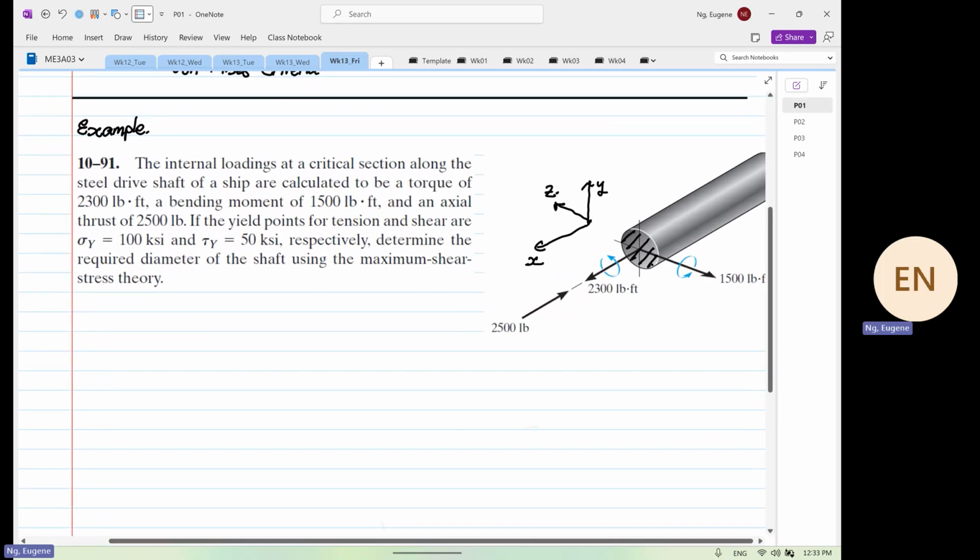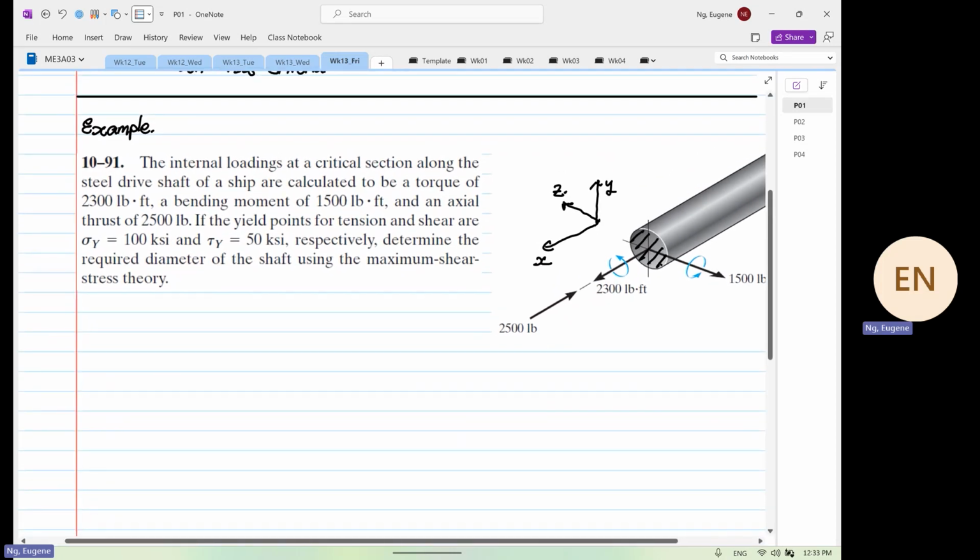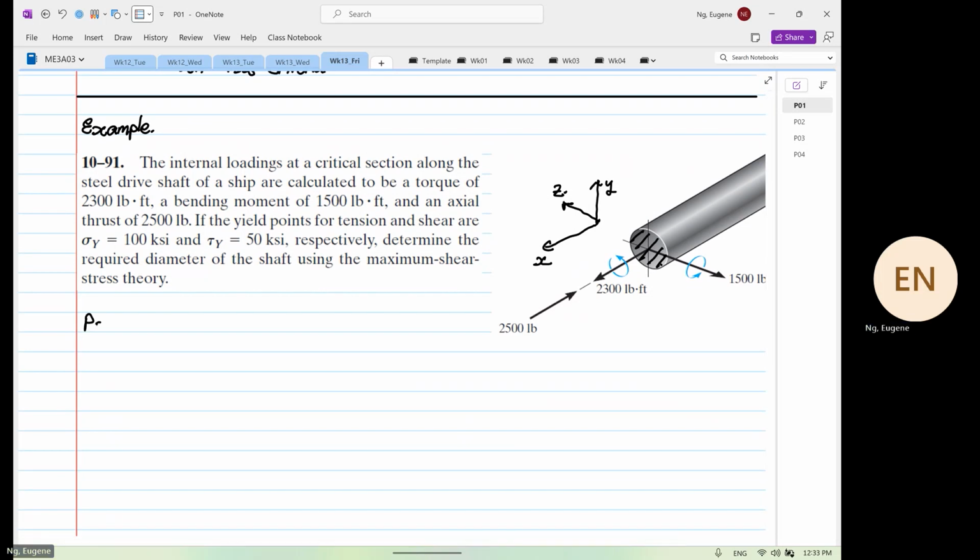What is given to us is our Px, which is equal to minus 2,500 pounds. I put a minus because we know that this is going to go to compression.